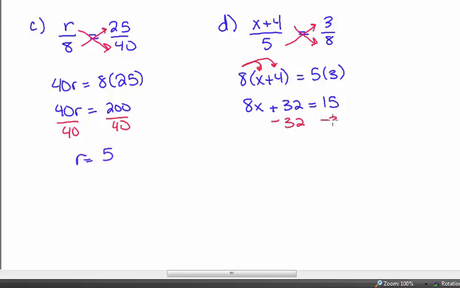Subtract 32 from both sides. 8x is equal to negative 17. Divide both sides by 8. And x is equal to negative 17/8. And if that really bothers you, you can go ahead and put that in decimal format. But leaving it as a fraction is perfectly fine.